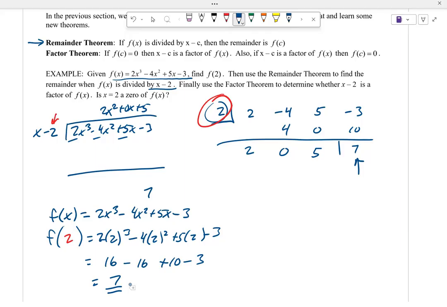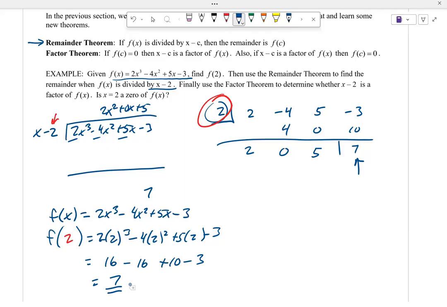It's actually my remainder. So if you can identify x minus c, if you can identify the c, you plug it in, it'll tell you if you have a remainder or not, right? If you end up with 0 when you plug it in, that means it divides into it cleanly, right?